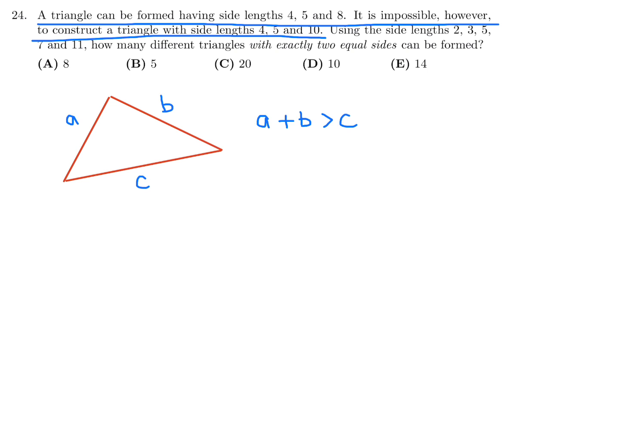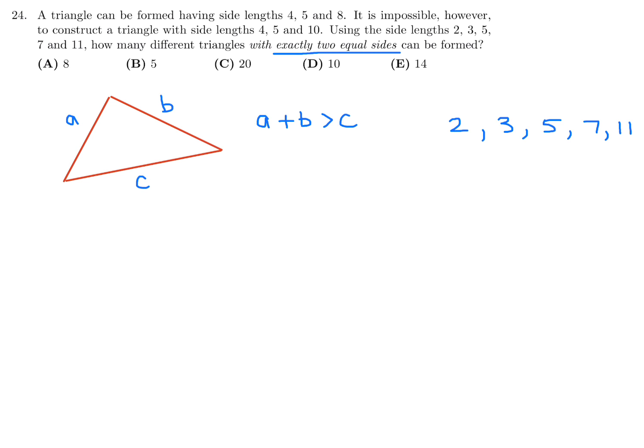The first two sentences of this question essentially are telling you this in an indirect way, I guess. So, using that principle, we have to start making triangles with side lengths 2, 3, 5, 7, and 11. These are our choices. And with the condition that exactly 2 sides are the same.